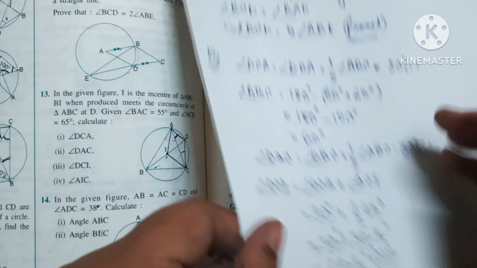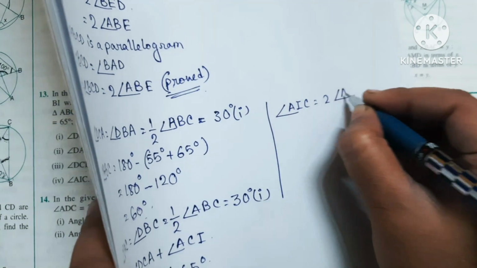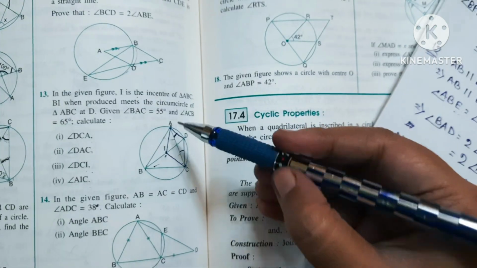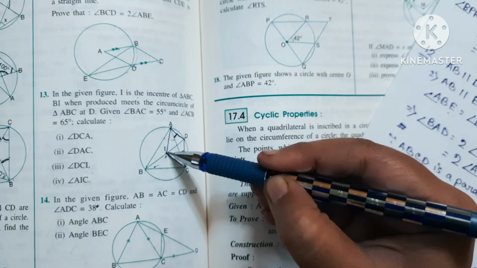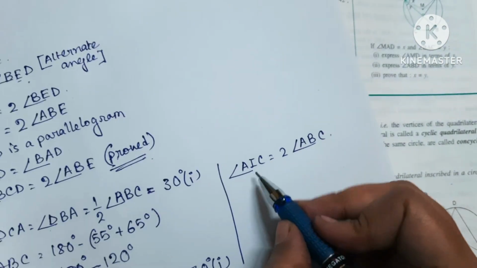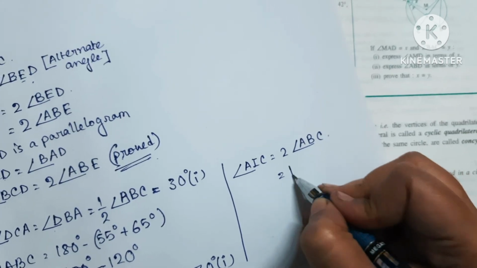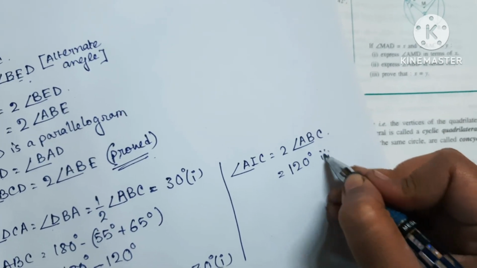You can write like this: angle AIC is 2 times angle ABC, since they are on the same segment AC, one at the center, AIC at the center, and ABC at the circumference. ABC is 60 degree, so 2 into 60 is 120 degree. That is the answer of 4. Okay.